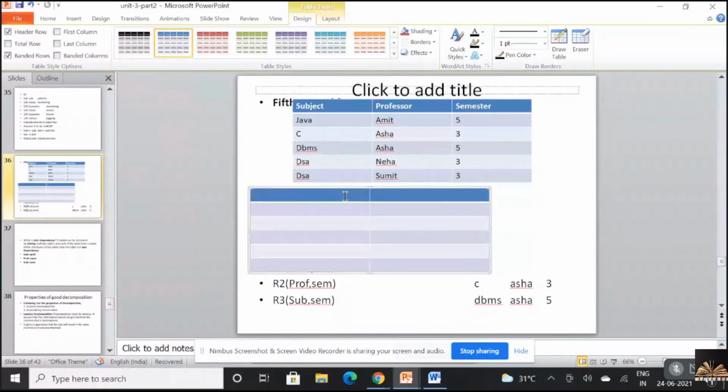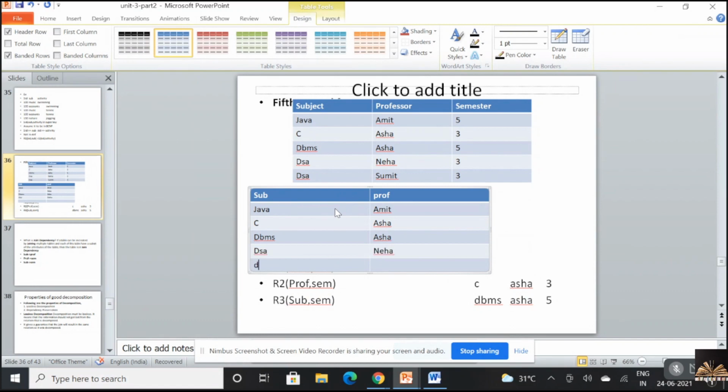Okay, so see, this is subject and this is professor. Java, Amit, C, Asha, DBMS, Asha, DSA, followed by Neha.